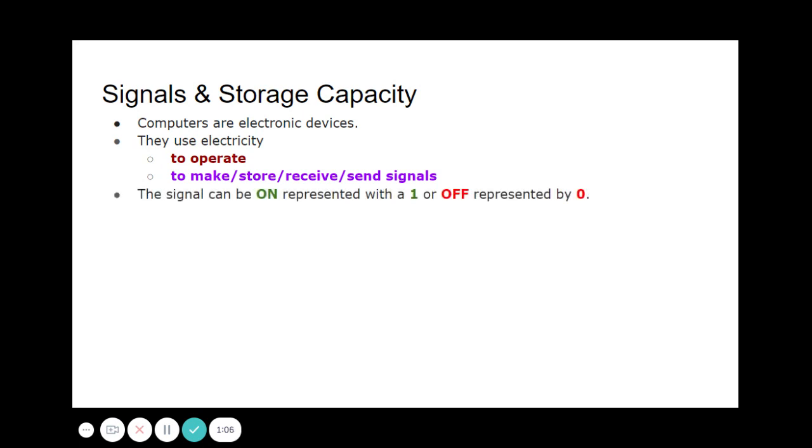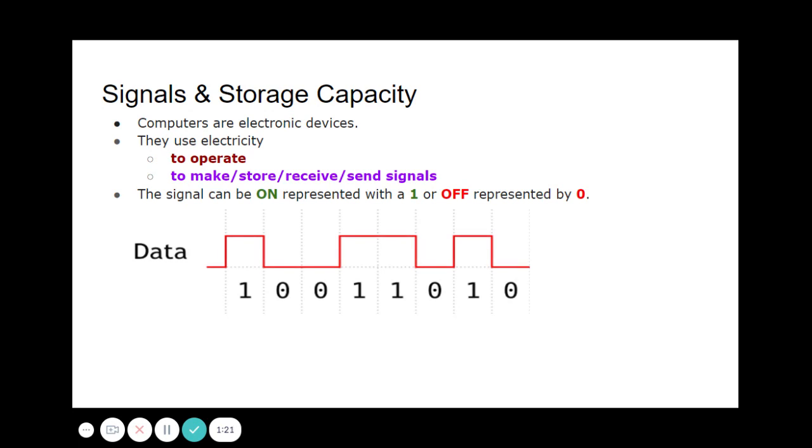Now, the signals that they're making, storing, receiving, and sending can either be on, which is usually represented with a 1, or off, which can be represented with a 0. The key piece is that they have an on state and an off state. Here's an example of data.